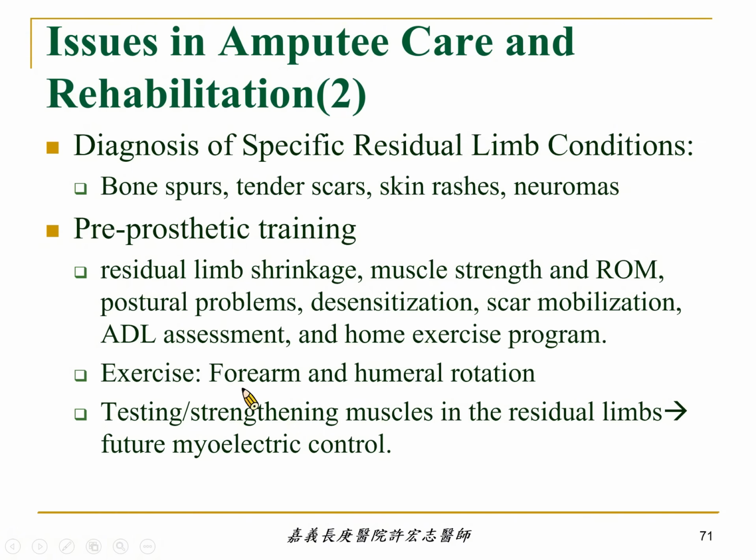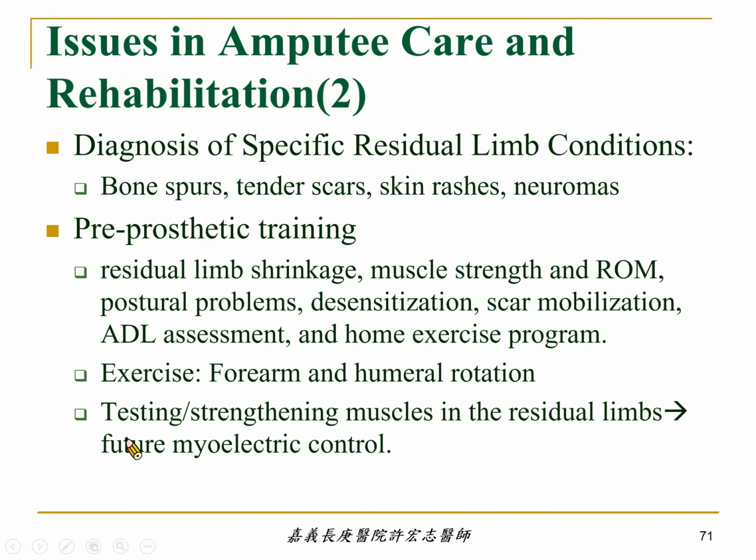Exercises like forearm and humeral rotation are very important because there are three major functions: one is grasp, another is pinch, and the third is forearm and humeral rotation. All three account for successful prosthetic training.